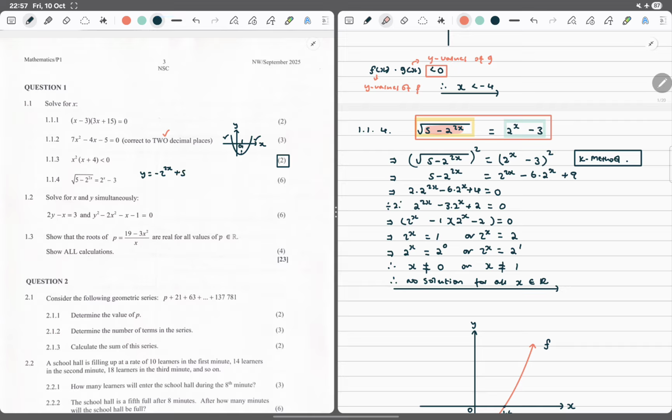Now, we see that the coefficient of our highest power, that 2 to the exponent 2x, is negative. Remember that negative is not for the base, but it's the coefficient of the entire power of 2 to the exponent 2x. When this is the case, we know that this is a graph that appears below the horizontal asymptote, which would be given by 5. Essentially, that is an exponential function.